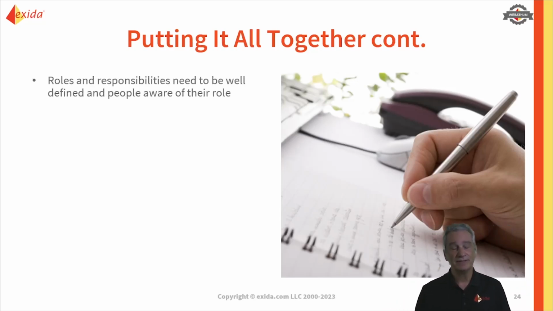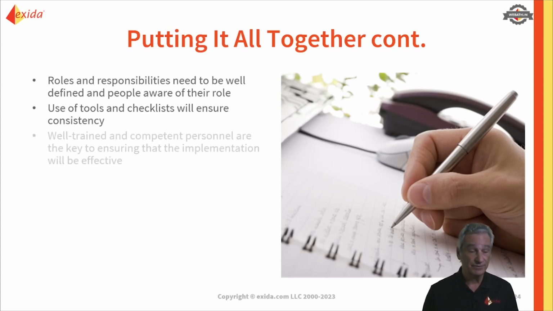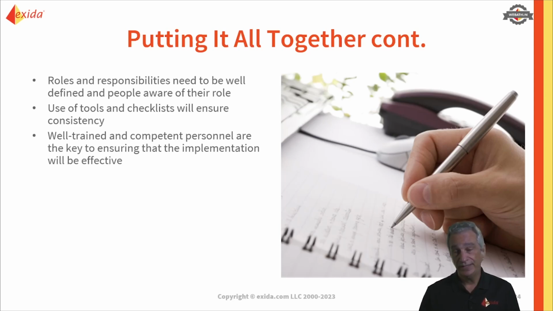Roles and responsibilities need to be well defined, and people need to be aware of their role so that we don't have misunderstandings and things fall through the gaps, because somebody thinks that somebody else is responsible for this part of the life cycle when they're not. Using tools and checklists is a great way to ensure consistency and help improve the efficiency, of course, and well-trained and competent people are the key to making sure this implementation is effective.